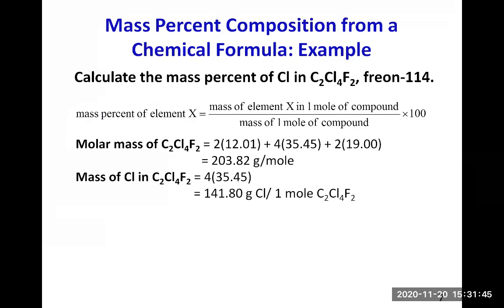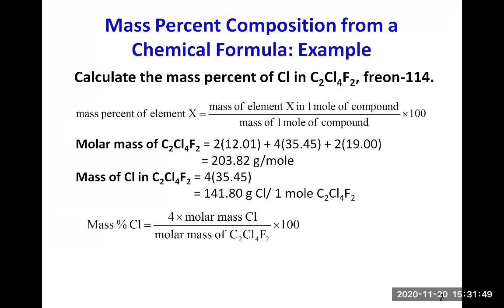So now we can plug in these values in the formula. And so the mass percent of chlorine will be 4 times the molar mass of chlorine, which we calculated just above, over the molar mass of C2Cl4F2 times 100. So we calculated those intermediate answers. So 4 times the molar mass of Cl is 141.80 grams.